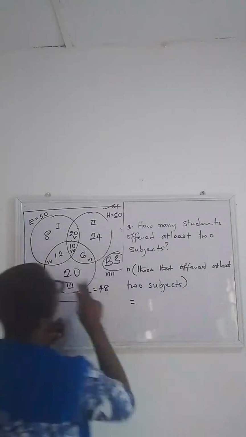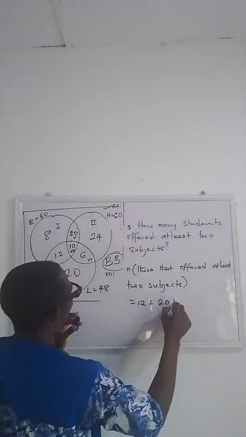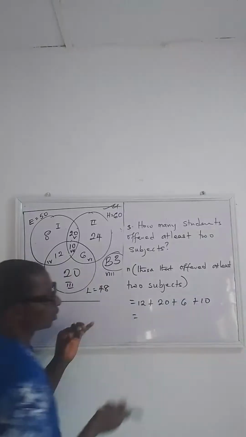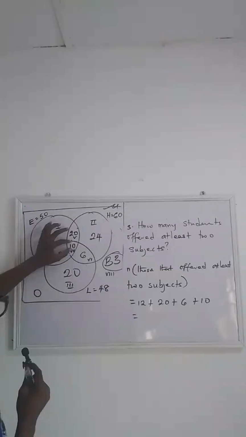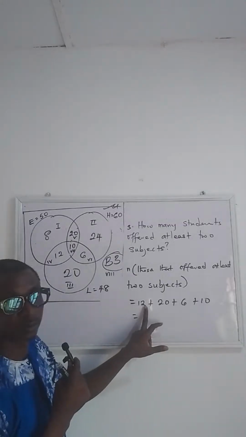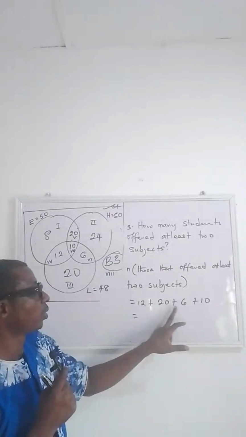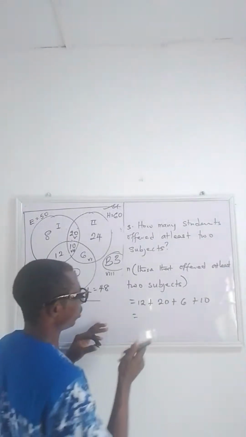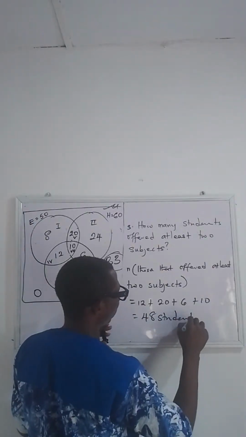So now that is going to be what? 12 plus 20 plus 6 plus 10. You get that now? So it's going to be that. All right. So that is going to be what? 12 plus 20, that's 32, plus 6, 38, plus 10, 48. So 48 students.